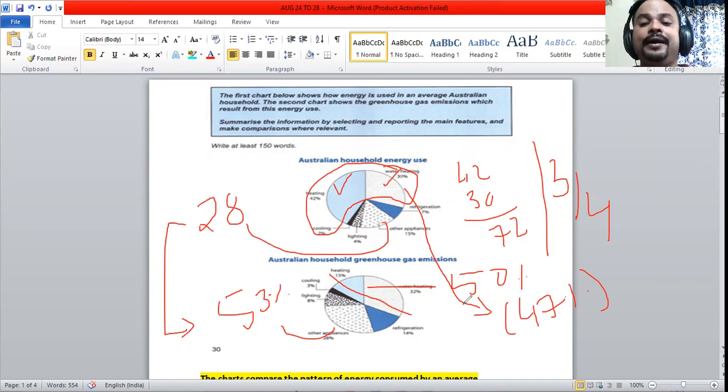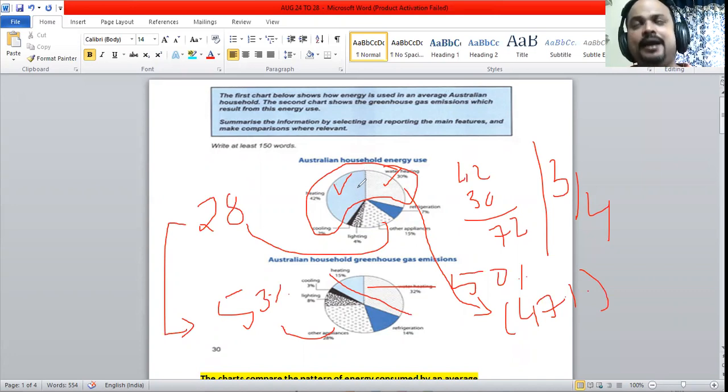We are comparing the energy use from the same equipment with the gas emission from the same equipment. So definitely I can do that, even though the pie charts are different and the purpose is different.